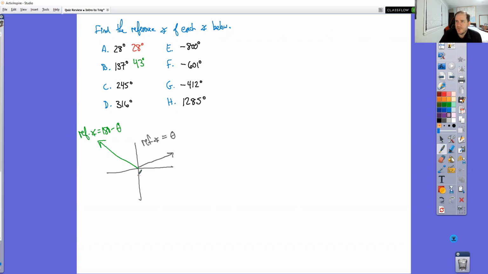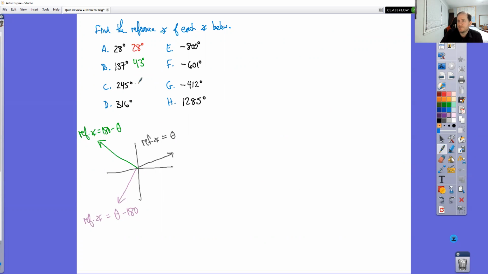Angle C lives in quadrant 3, and there's a rule in quadrant 3 that says the reference angle equals the given angle minus 180, sort of the reverse of quadrant 2. So 245 take away 180 is 65. I didn't mean to put that equal sign. They're not equal. An angle and its reference angle are not equal.